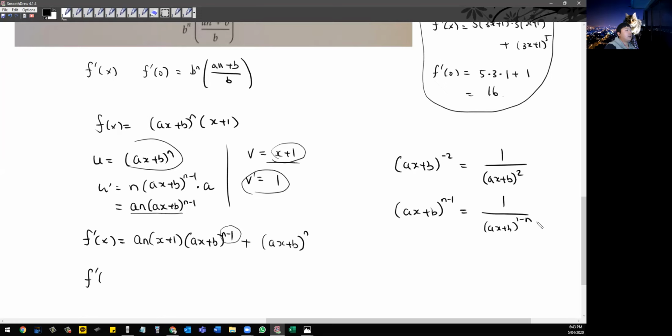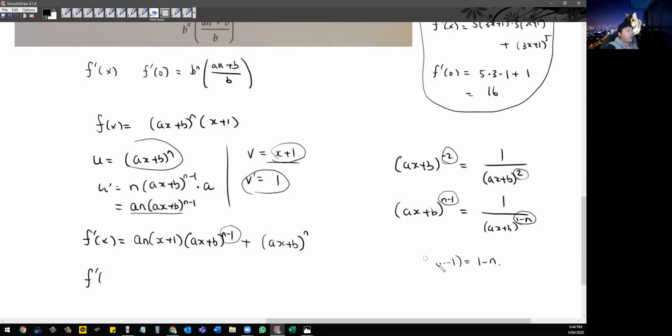It'll be 1 minus n. Negative 2 is to 2 the way negative n minus 1 is to 1 minus n. I see. Because n minus 1, if you take the opposite of it, then you get 1 minus n, right?